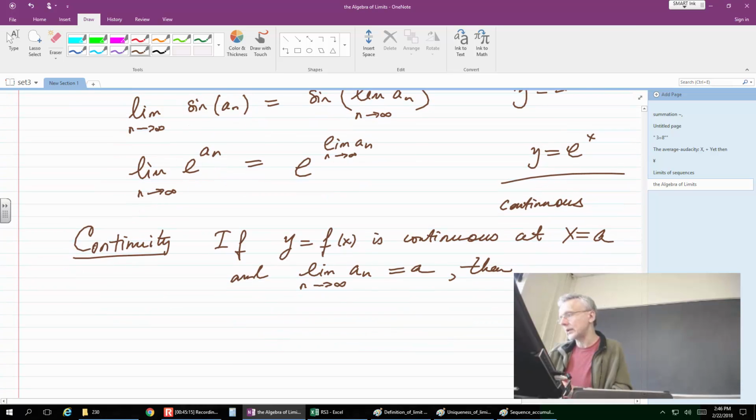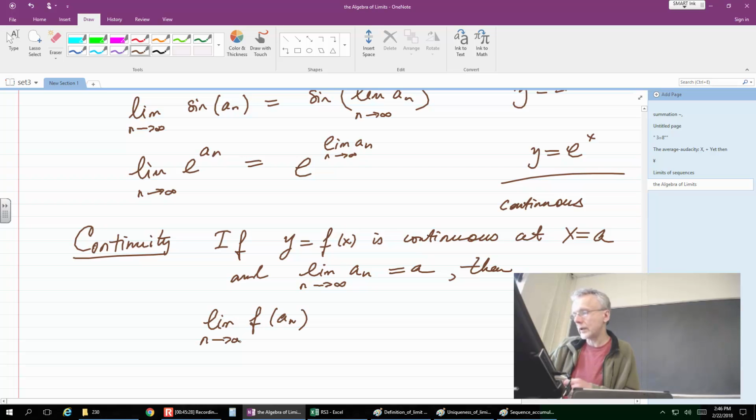We want to make sure of that ahead of time, because if a_n diverges, there is no formula. So the formula is: the limit of f(a_n) as n goes to infinity is f of the limit, let's just put a there, f(a). If you look at the last formula, this should resemble the definition of continuity.